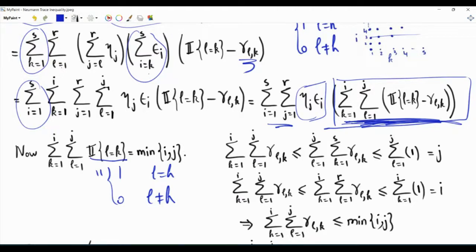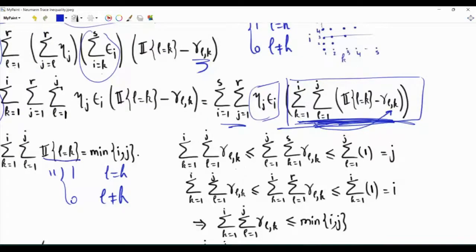So what about the double sum applied to those gammas? Summing K from 1 to I, summing L from 1 to J of gamma LK.